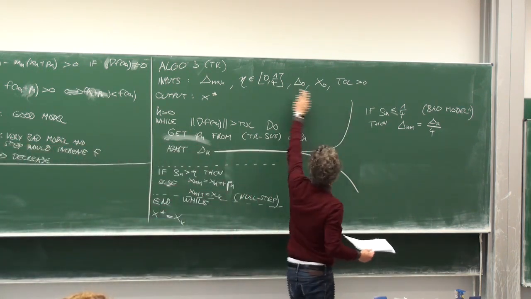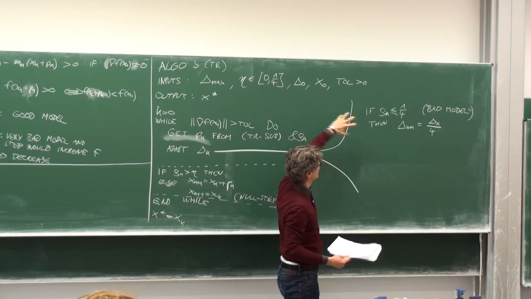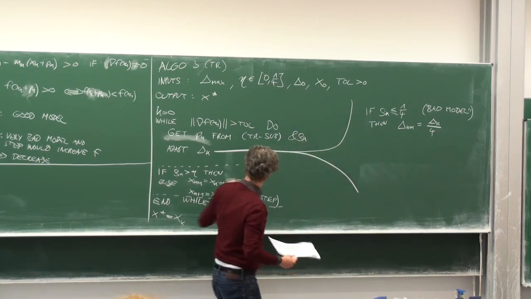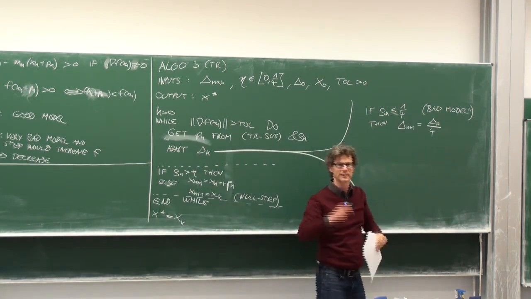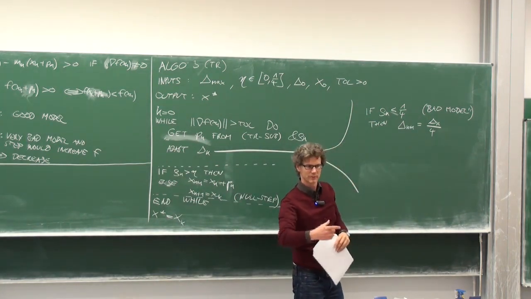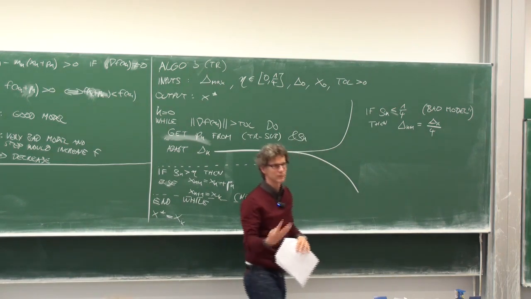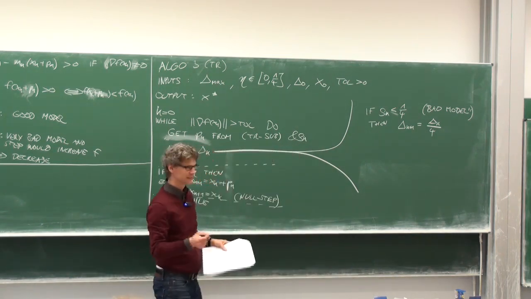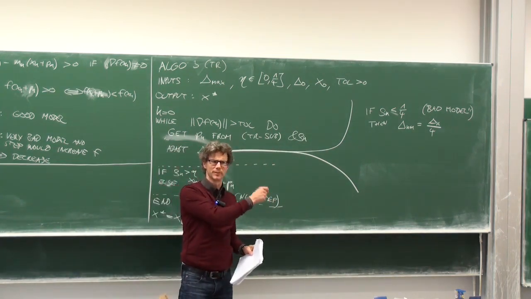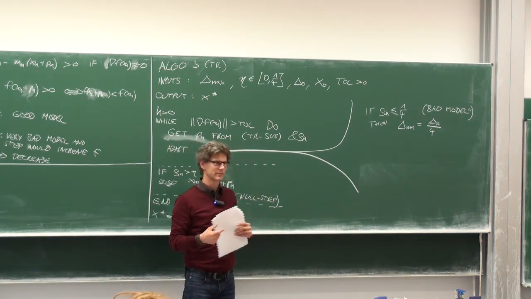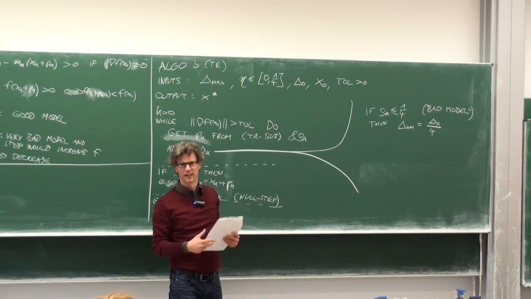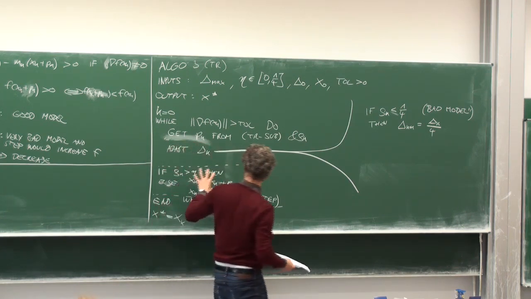But please note that depending on what choice of eta you had, you could have the situation that you accepted the step, but you still say it's a bad model and you adapted the radius. So next time you have already a smaller radius and hopefully then less danger of having to reject the step, because rejecting a step is expensive because you actually solve your trust region problem and then afterwards you say no. And so you want to avoid these rejections as much as possible.